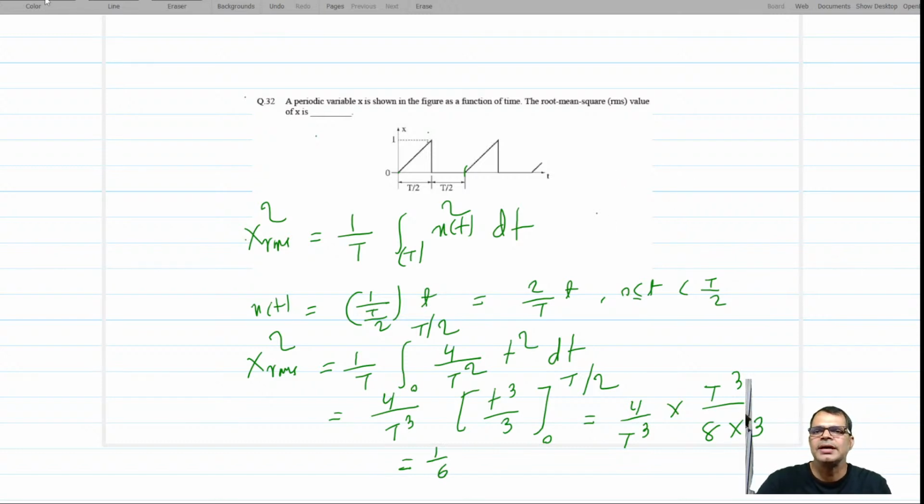So the RMS value X RMS is equal to the square root of 1 upon 6. So you will get something like 0.408.